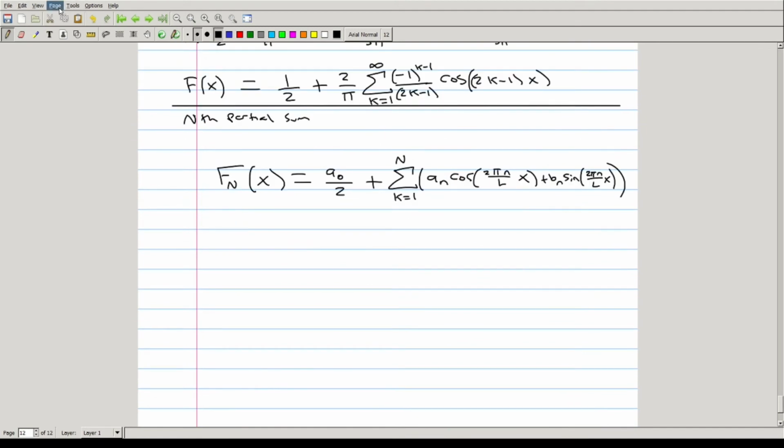So the next topic that I want to talk about is called odd and even extensions of a function.